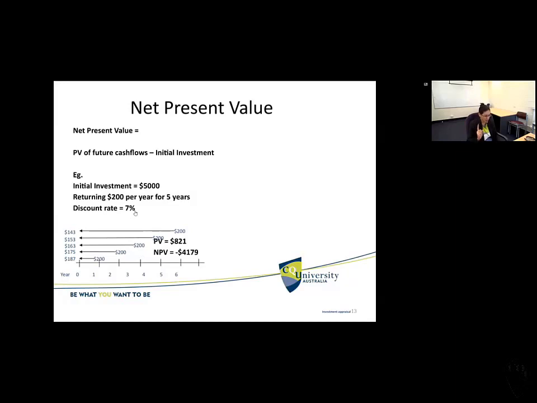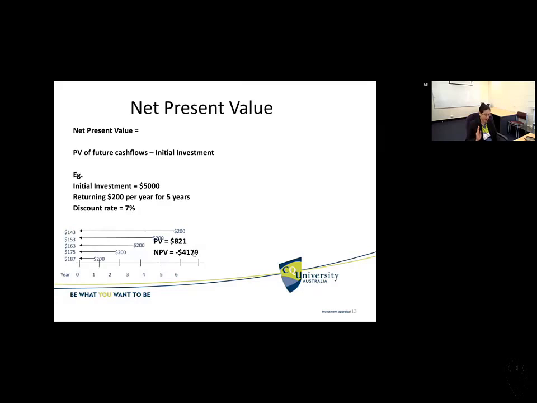But you should be aware that the higher the discount rate that you use, the lower your net present value will be. That's because you're requiring a higher return. If you require a higher return, then you're going to lower that net present value. If you require just a small return, then your net present value will be higher.